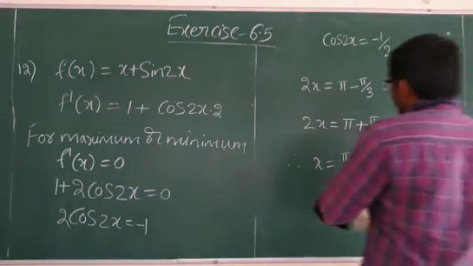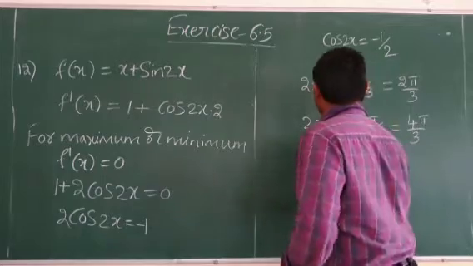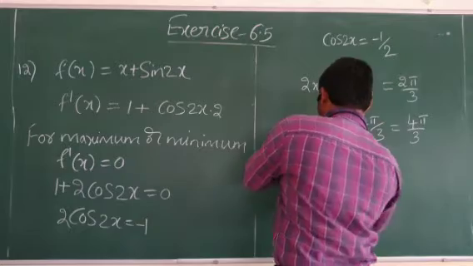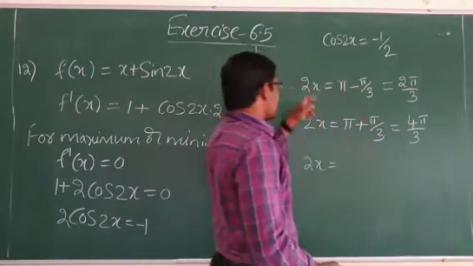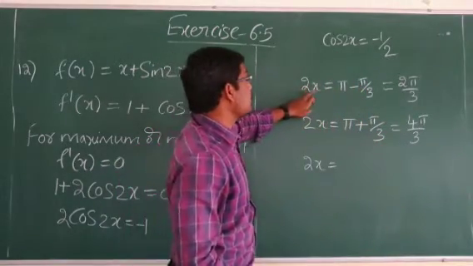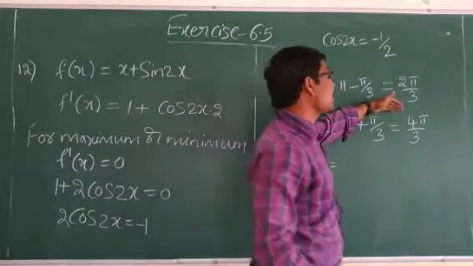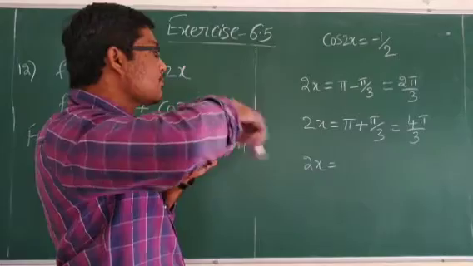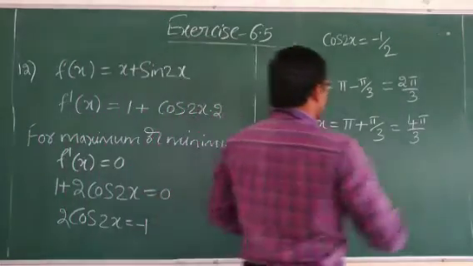Maybe we can also take some more values, because we are finding for 2x; when you take for x, this will be reduced by half. So we can also take after one complete rotation.